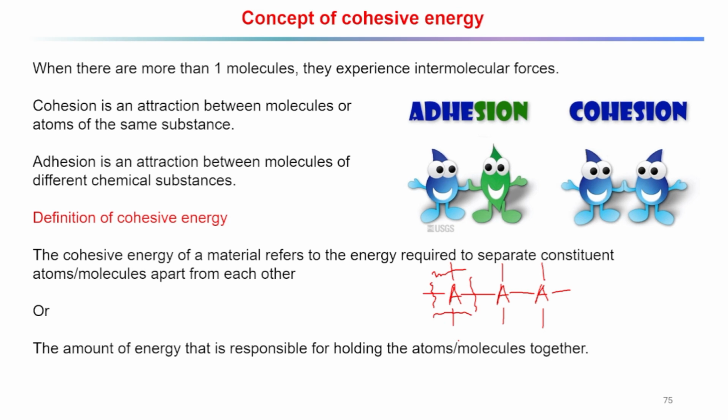So the energy required to separate this atom from the rest of its atoms is known as cohesive energy. Or in other words, you can say it is the energy that is responsible for holding the atoms. This atom is sitting here, so there is some amount of energy that makes it stay in that location. So you can define cohesive energy in both ways.